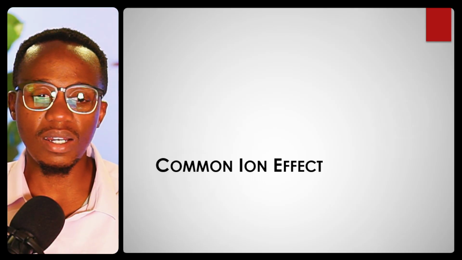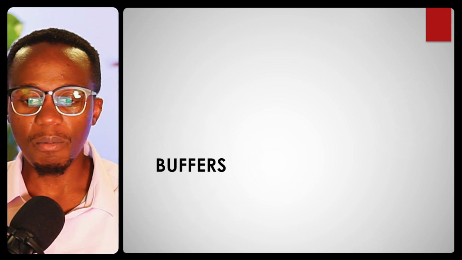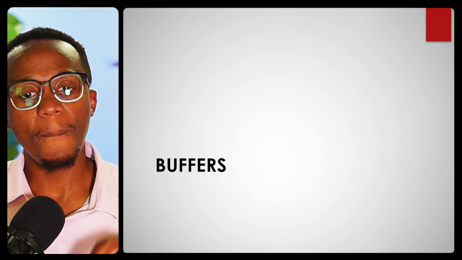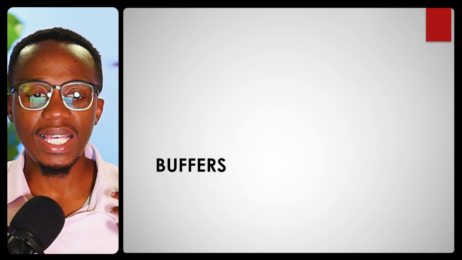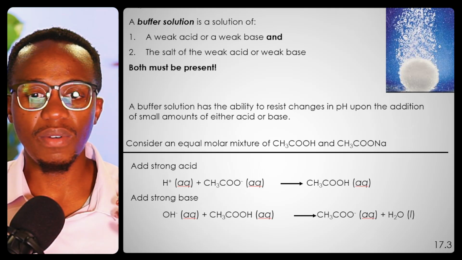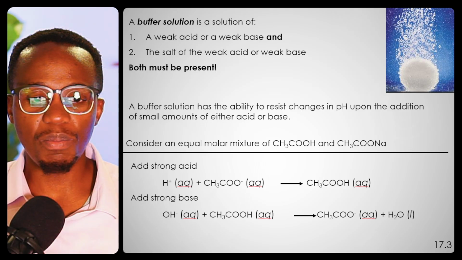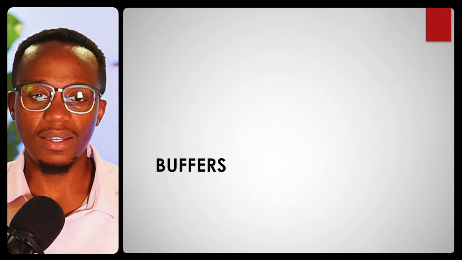Now let me introduce you to something else. This is called buffers. Now we love buffers. We use buffers a lot in lab, and guess what? Our body contains buffers. Buffers are these systems, solutions.